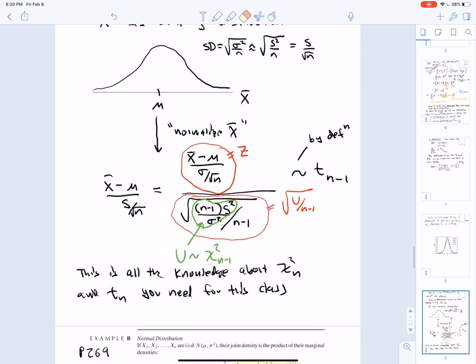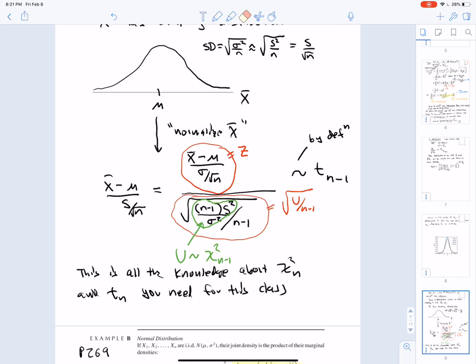And now we're going to normalize x bar. So we get x bar minus mu over s over square root of n. We're going to show this is a t n minus 1 distribution. To show that, we just need to show that it's a ratio of z over the square root of u over n minus 1.